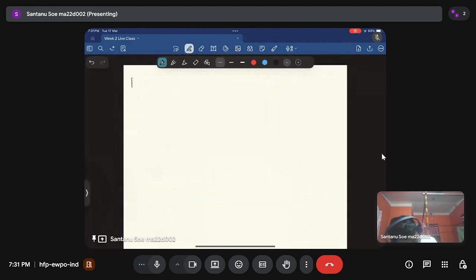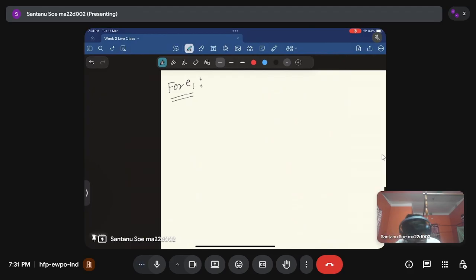Now for this curve C1, we can see y is minus x, correct?